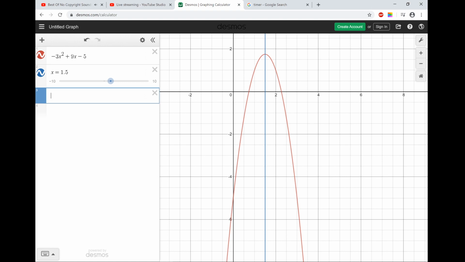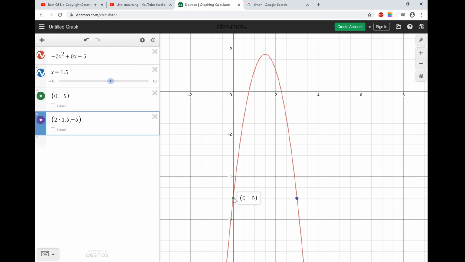Let's mark those points. The y-intercept of this function is 0, comma, -5. If we do 2 times the x coordinate of the vertex, we would have open parentheses 2 times 1.5, comma, and then the y-intercept, which is -5. I'm showing that in Desmos where I did the math. Desmos for the win.